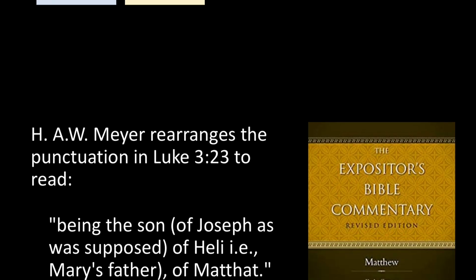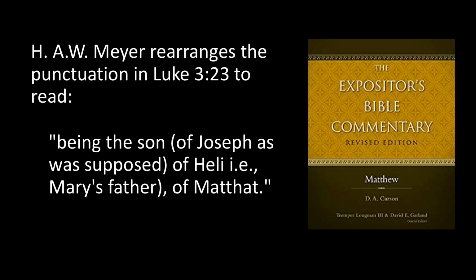D.A. Carson, in his commentary on Matthew, notes that this same tactic is utilized by H.A.W. Meyer, who rearranges the punctuation in Luke 3:23 to read, quote, being the son of Joseph, as was supposed, of Heli, i.e. Mary's father, of Matthat.